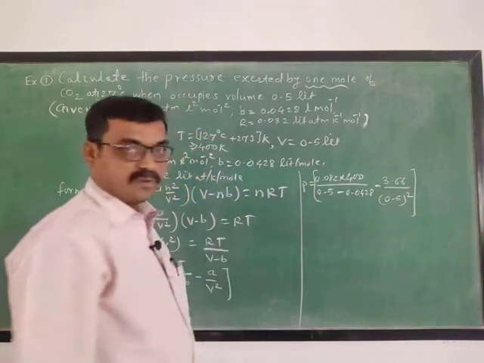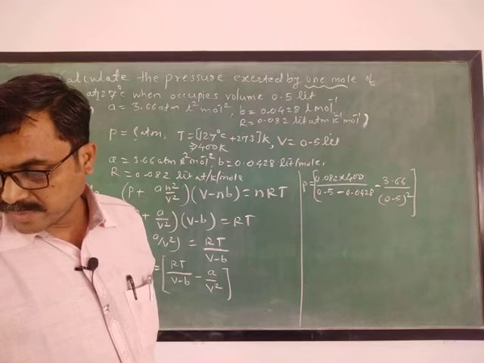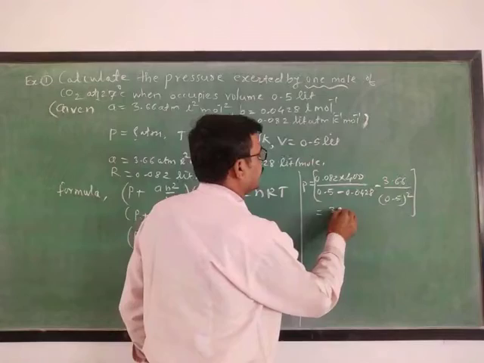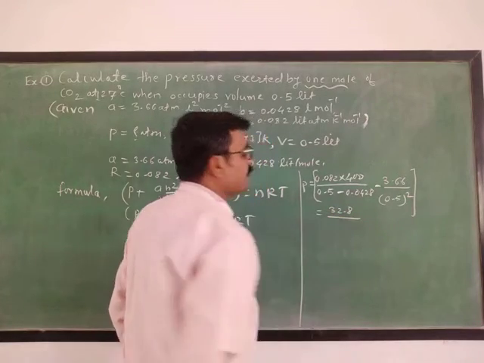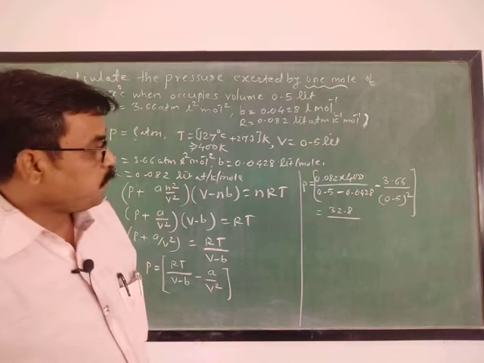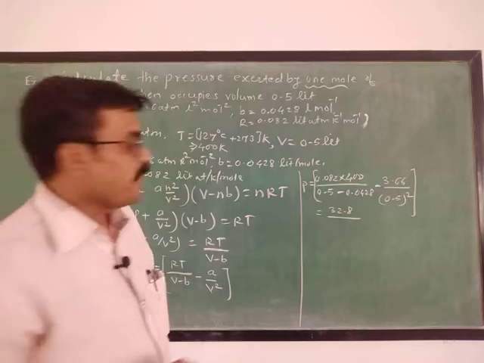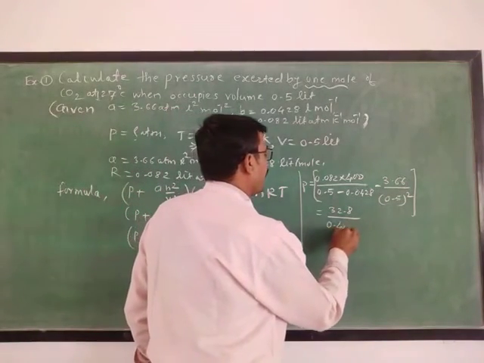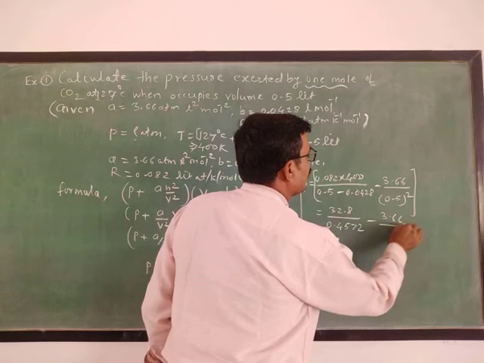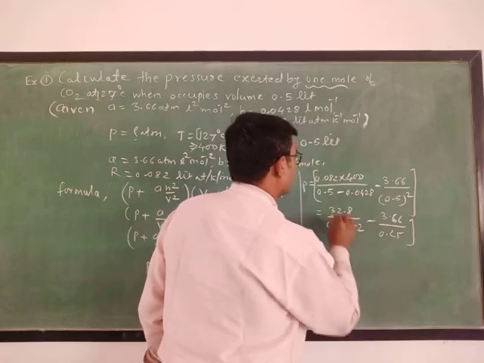Okay, after calculating this: 0.082 multiplied by 400 will be 32.8. Then 0.5 minus 0.0428 will be 0.4572, minus 3.66 upon 0.5 square, meaning 0.25.